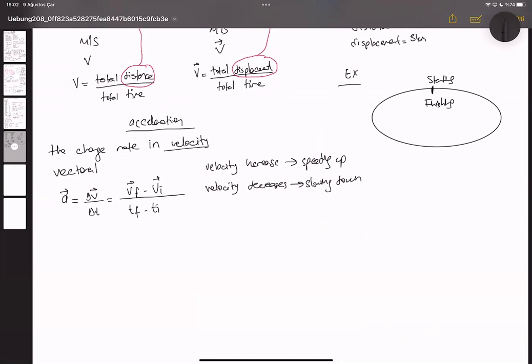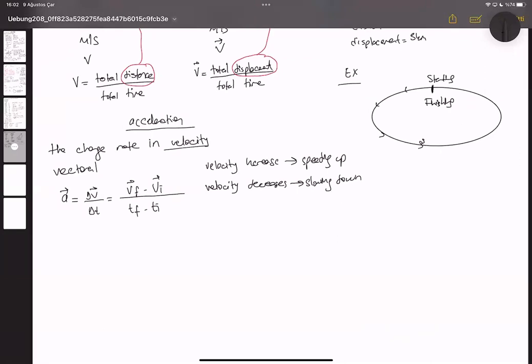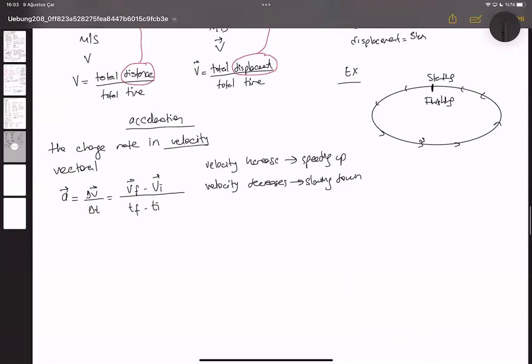So the circle has a 400 meter length and you are covering this circle in 10 seconds. What about your speed, and what about your velocity, and what about your acceleration?